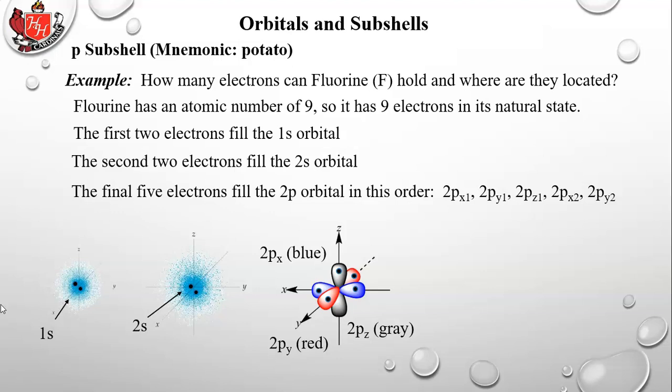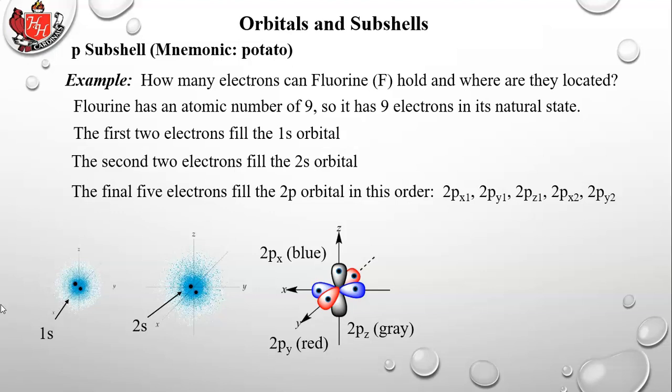If you look at that, the px orbital is the blue. So one of them goes into that orbital. Then the py orbital is the red. The next one goes into the py orbital, the red one. Then the pz orbital is the gray. One of the electrons goes into that orbital. Now we go back to the px orbital.